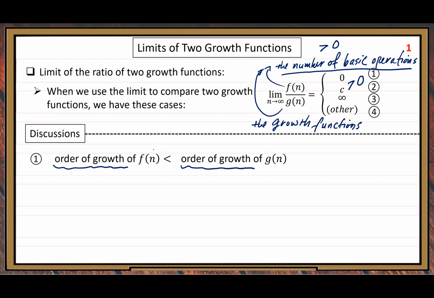This f of n, if I use a simple example n, just a simple n function. And this g of n, let me use another simple function n squared. And definitely from the limit point of view, we have n over n squared, the limit equals 0, right? So matches our first case.